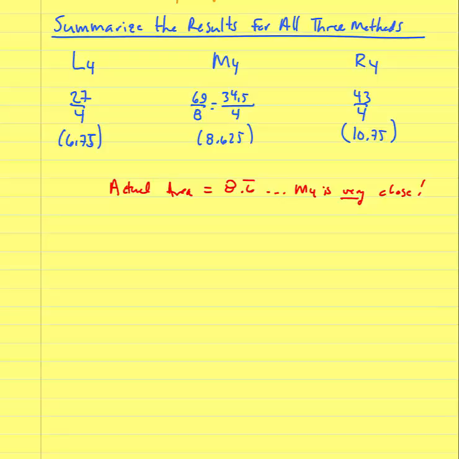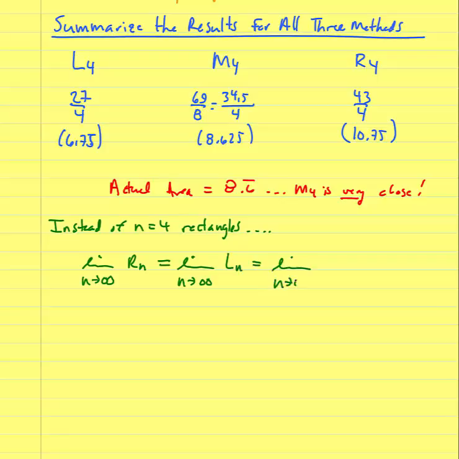Now, even though 4 rectangles does a pretty good job, let's think about what if we had an infinite number of rectangles. So instead of 4 rectangles, let's think about the limit as n approaches infinity of Rn, which would actually be the exact same solution as the limit as n approaches infinity of Ln, which is the same as the limit as n approaches infinity of Mn.